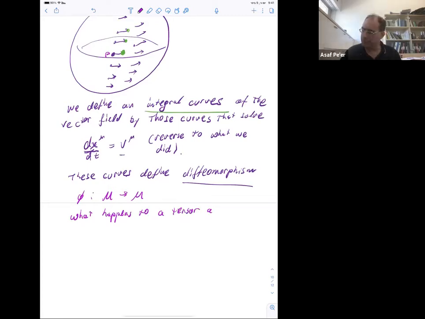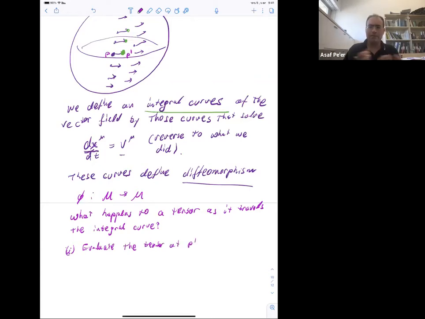as it travels the integral curve? I basically do two things, right? I take the tensor, I evaluate the tensor in the new point P prime. Right? And then I pull it back.